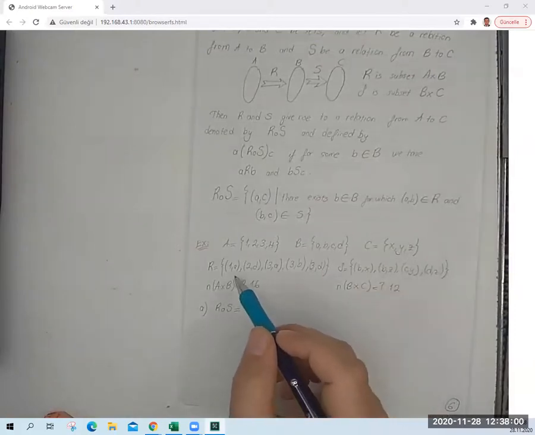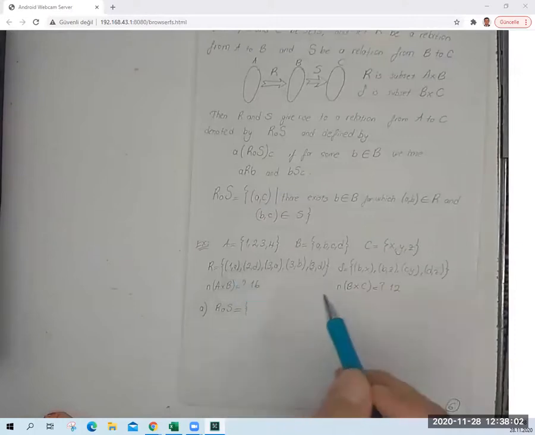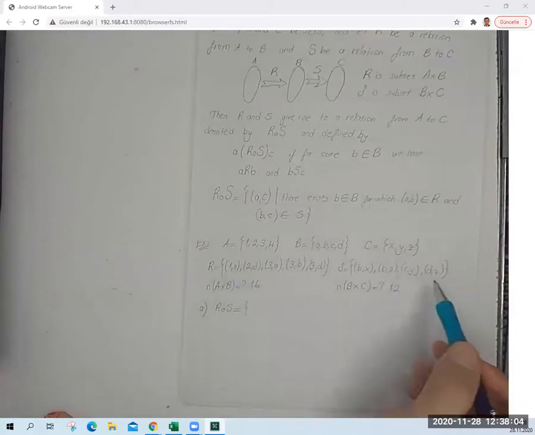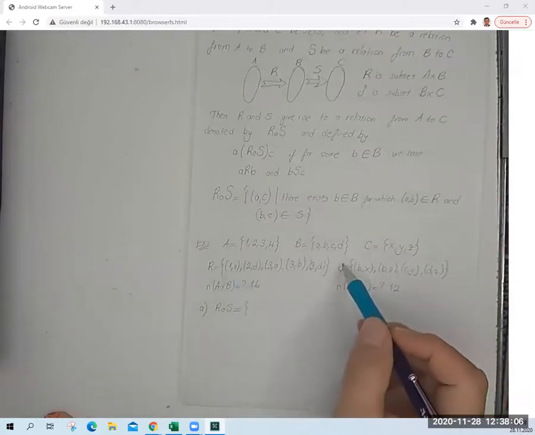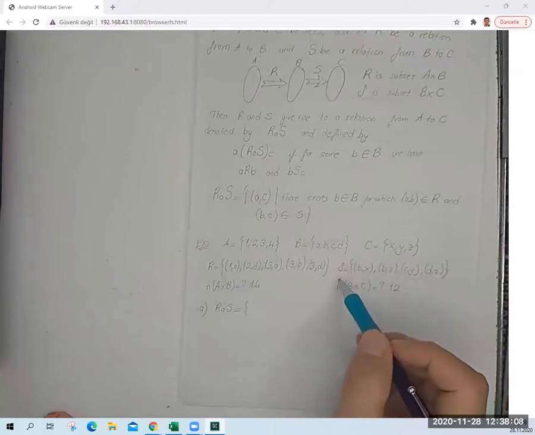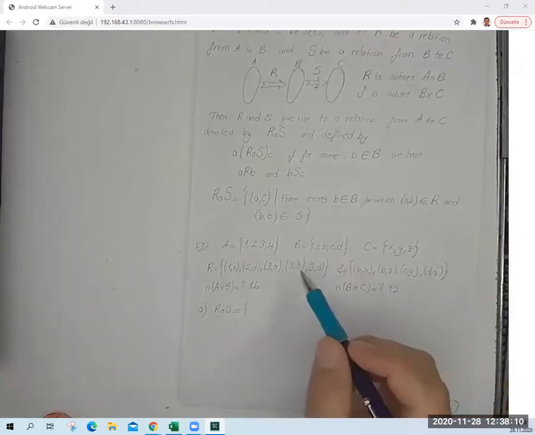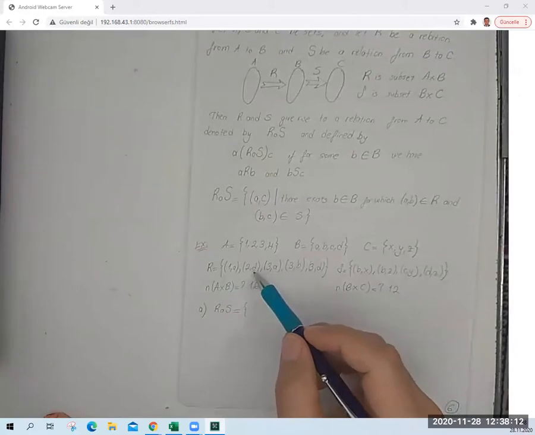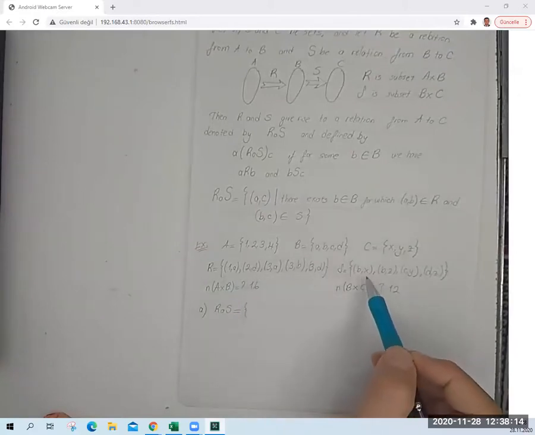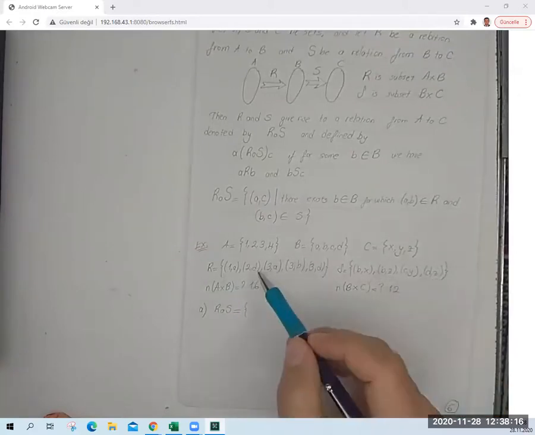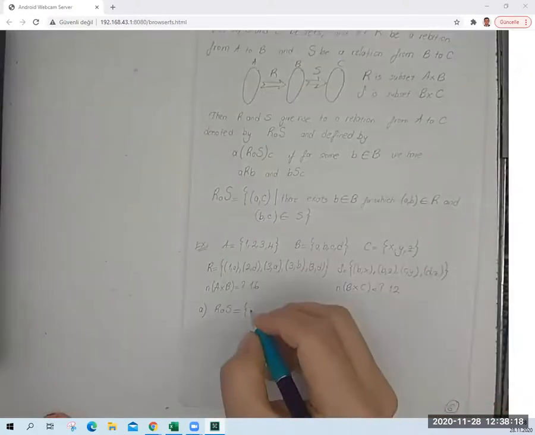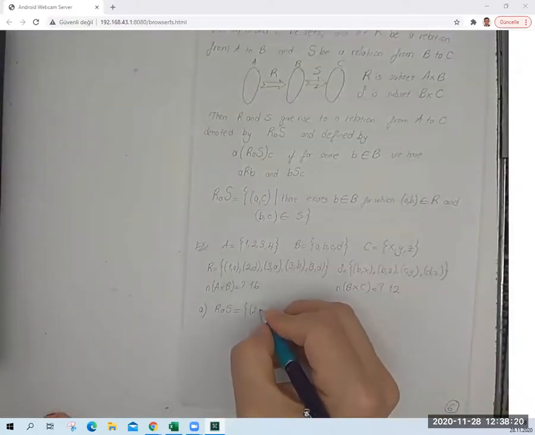Okay, what do you think? 1 goes to A, does A go anywhere else in relation S? No. 2 goes to D, D goes to Z. Okay, 2 and Z.